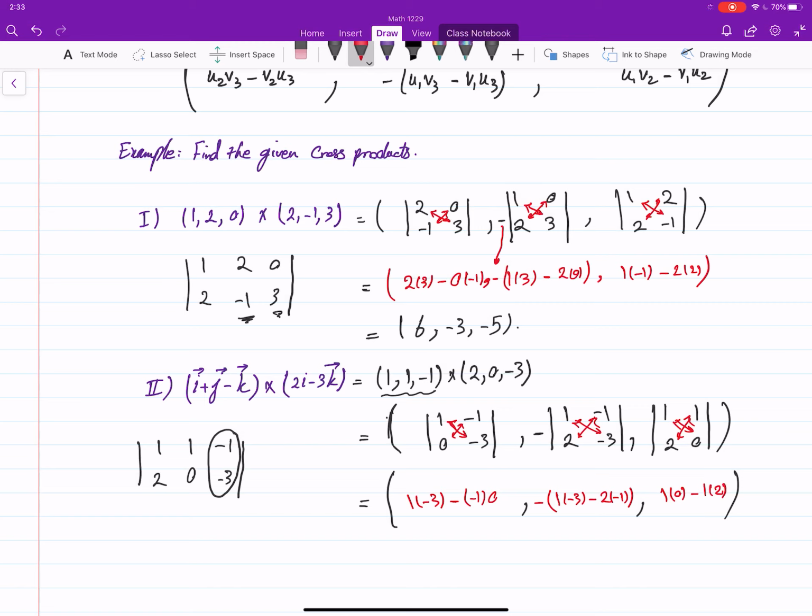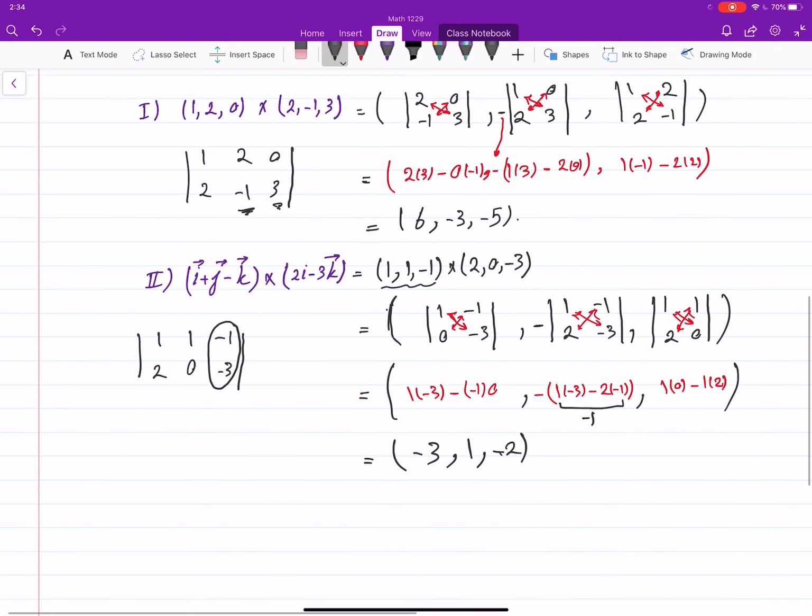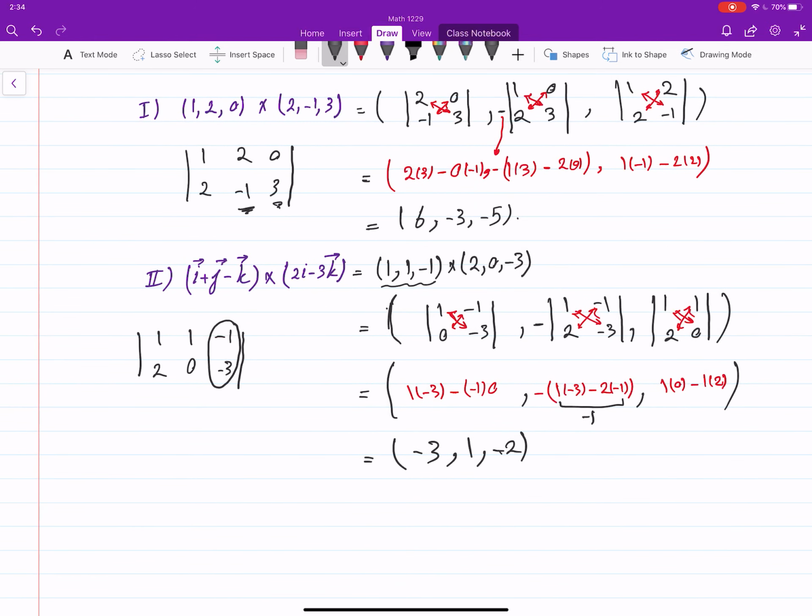And that gives us the final result. So this is negative 3 minus 0, which is negative 3. Then negative 3 plus 2 is negative 1, times another negative sign up front, that's 1. This is 0 minus 2, which is negative 2. And that is the cross product of these two vectors.